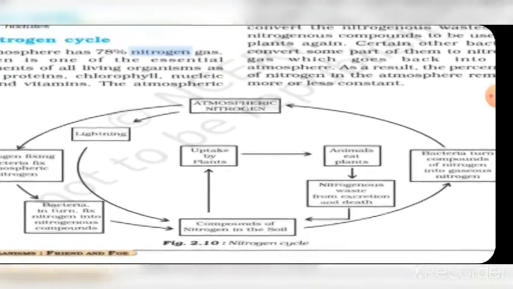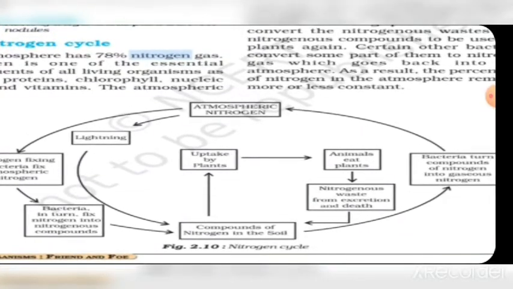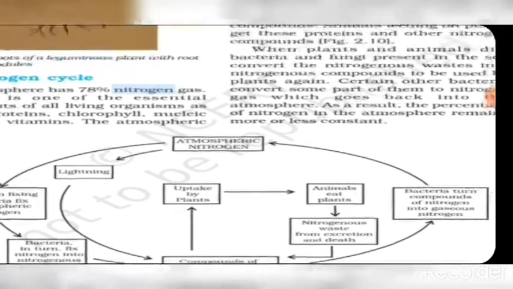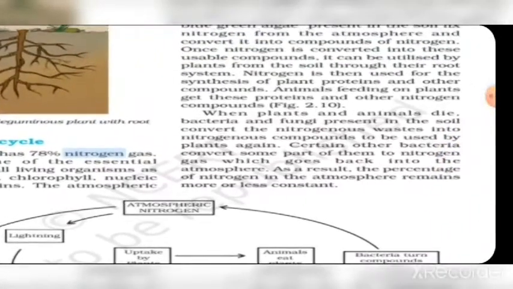Once it comes into the soil, it is taken by the plant. And then how does it come in animals? Animals eat plants, and thus the atmospheric nitrogen is available to the animals also. And this is the first part of the cycle. And what is the second part of the cycle?